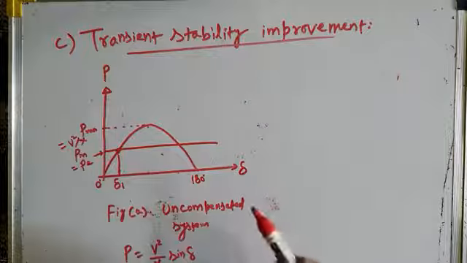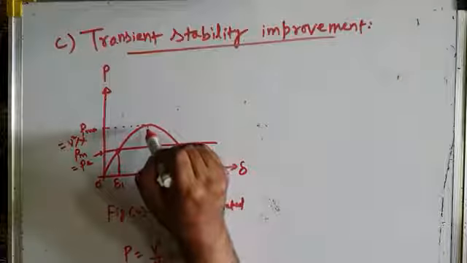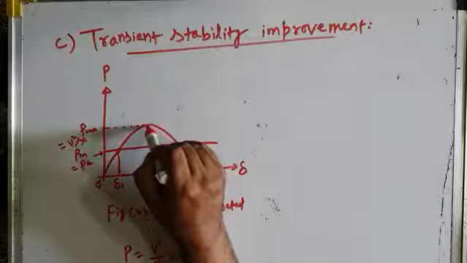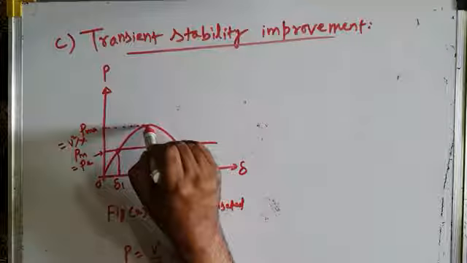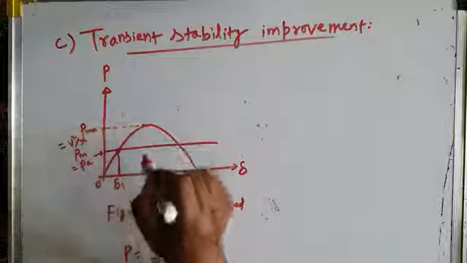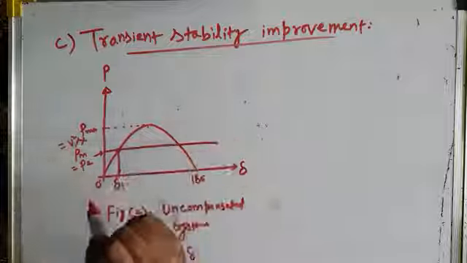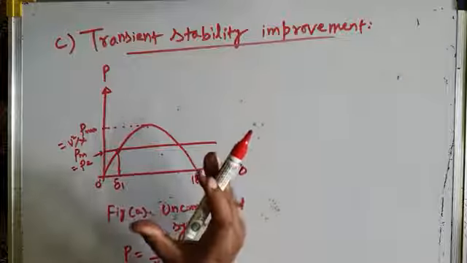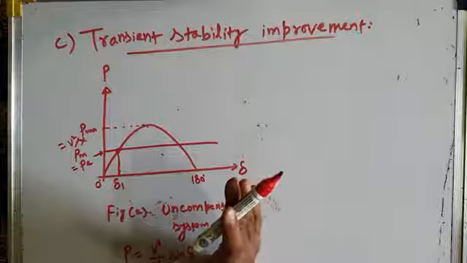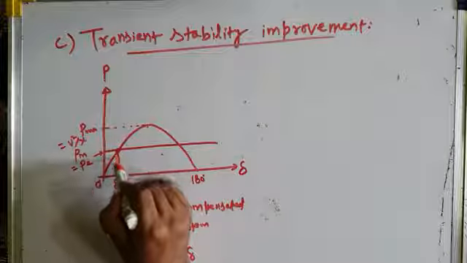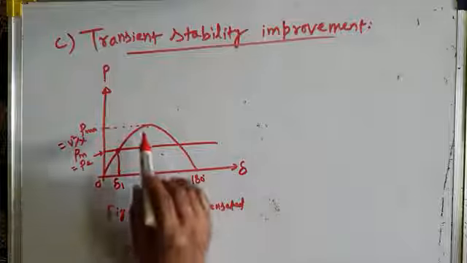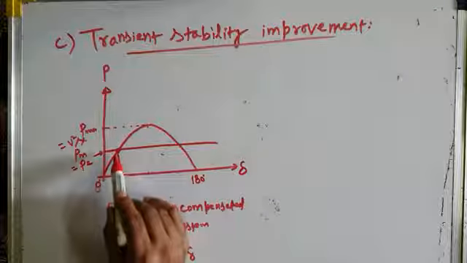I have already told you that you can never operate your system at delta equal to 90 degrees, because if you operate your system at delta equal to 90 degrees, a small disturbance will result in the system becoming unstable, and your system will be unstable always. So therefore you have to operate your system at a power angle much less than 90 degrees, somewhere here.